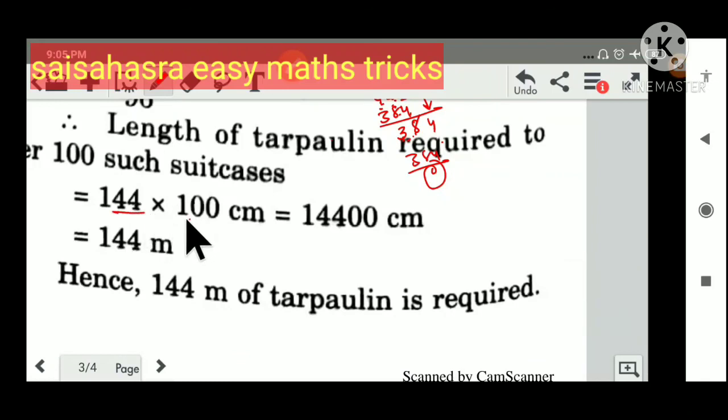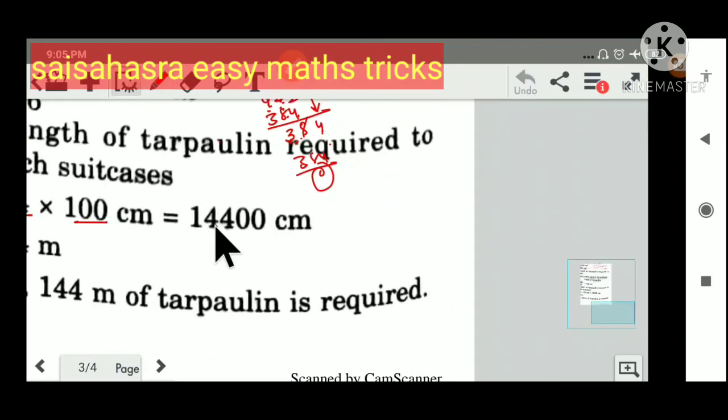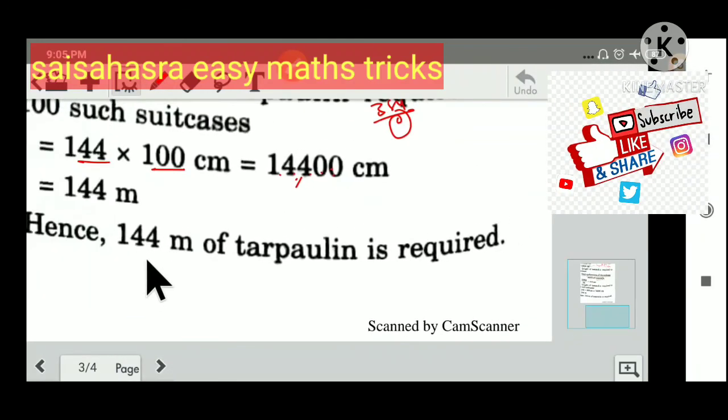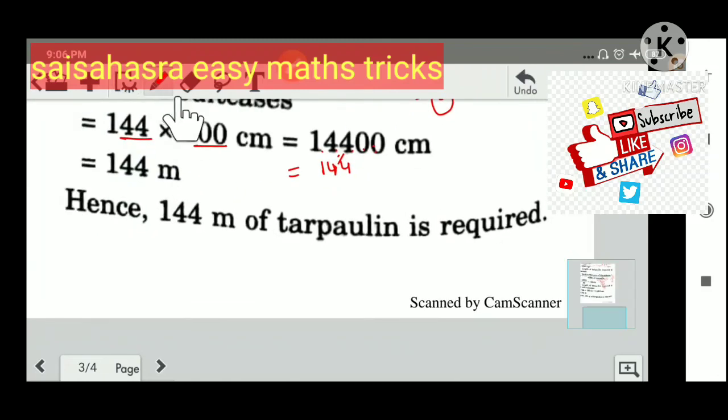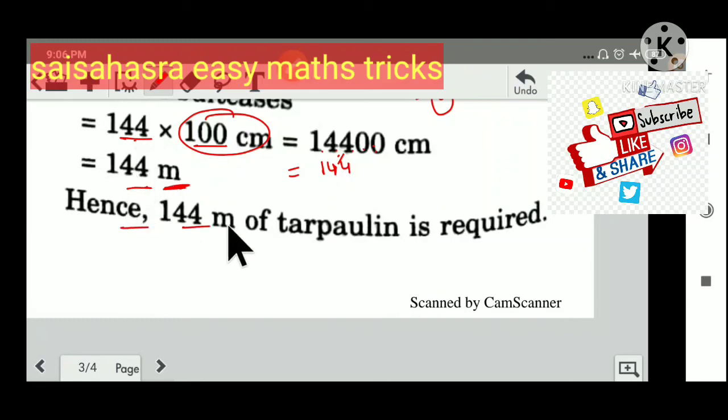So 144 multiplied by 100 gives 14,400. The length of the tarpaulin cover required is 14,400 centimeter, and if we want to convert into meters we can do it. 100 centimeter is 1 meter, so we can write 144. From here you can directly write that 100 centimeter means meter, so 144 meter. Hence 144 meter of tarpaulin is required.